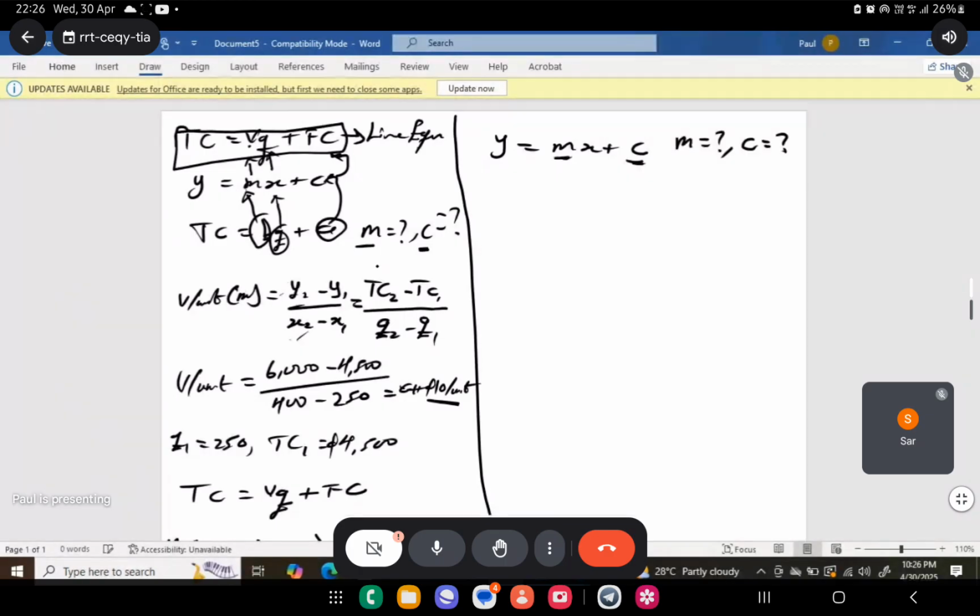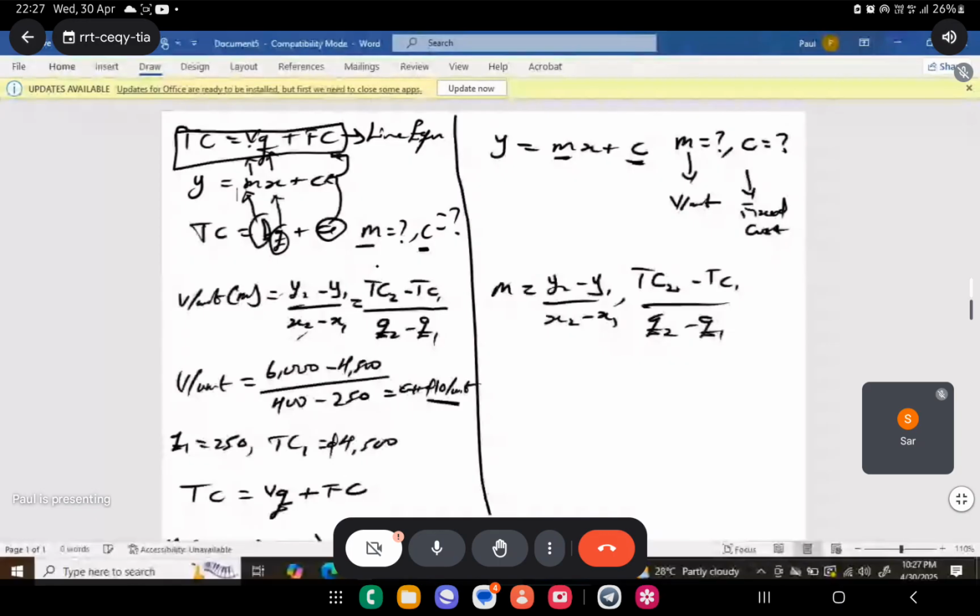Here m is likened to the variable cost per unit, and the c is the fixed cost in its application. I told you that m can be found as y2 minus y1 over x2 minus x1. Here in this case, it becomes total cost 2 minus total cost 1 divided by quantity 2 minus quantity 1. Please, you understand?